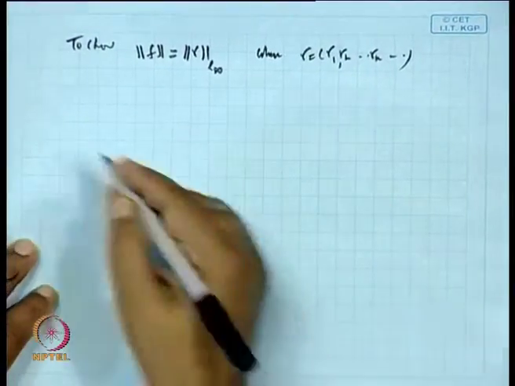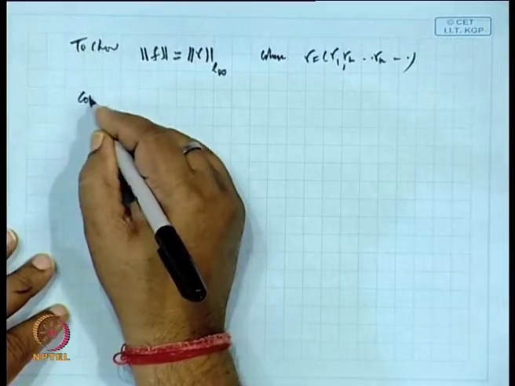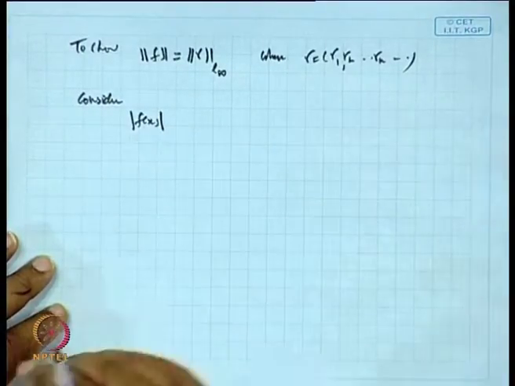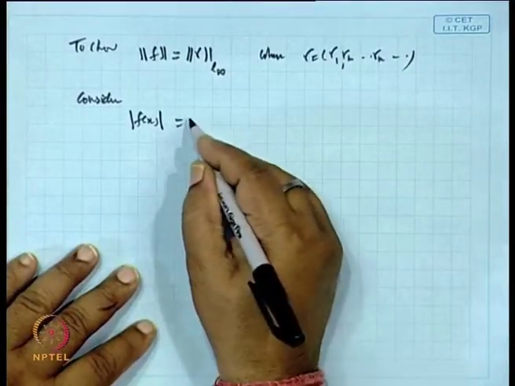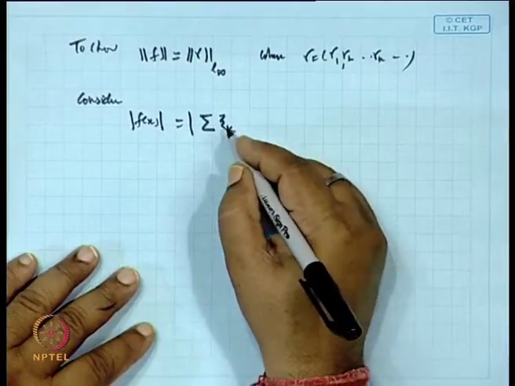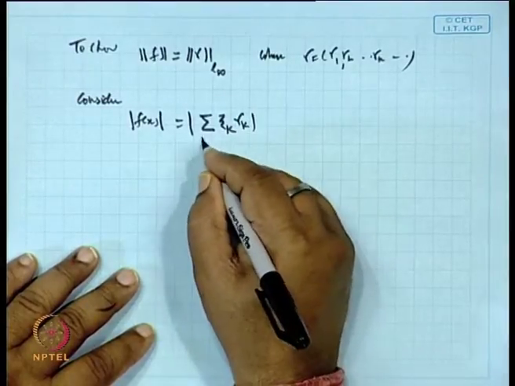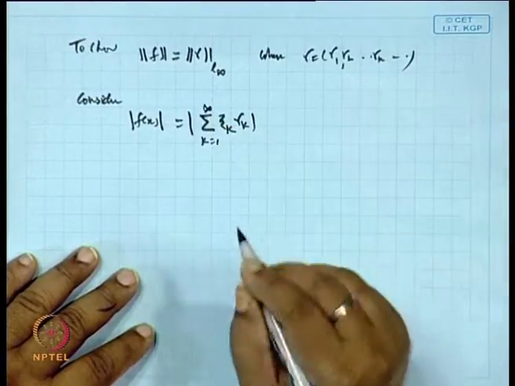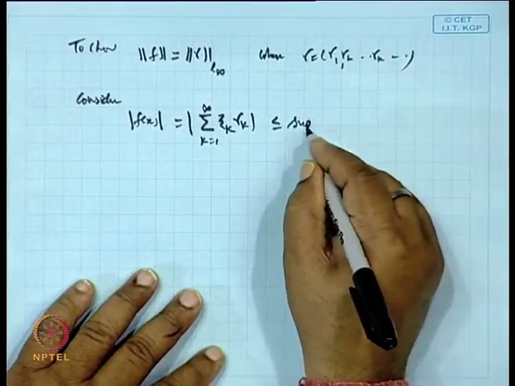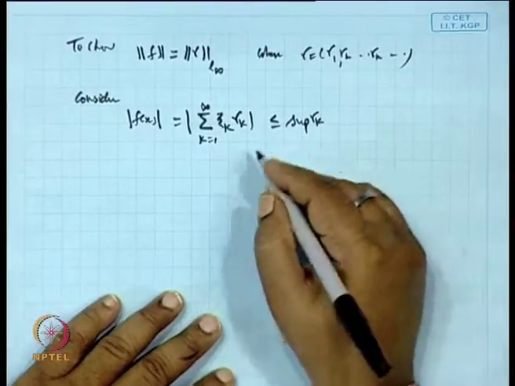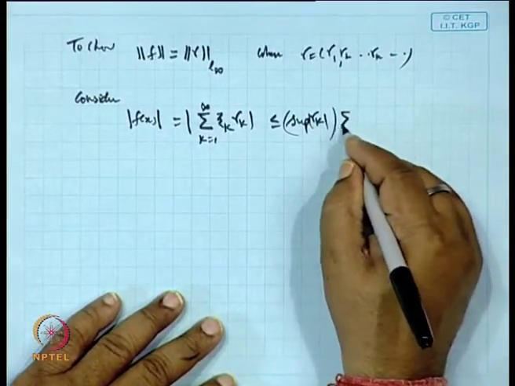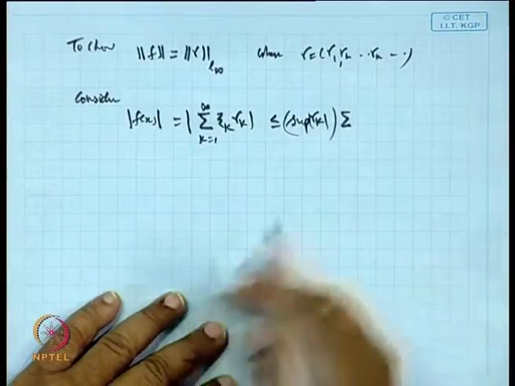Now, how will you go? Consider mod of f x. This is equal to sigma xi k gamma k, k is 1 to infinity, which is less than or equal to supremum of mod gamma k into sigma of mod xi k.